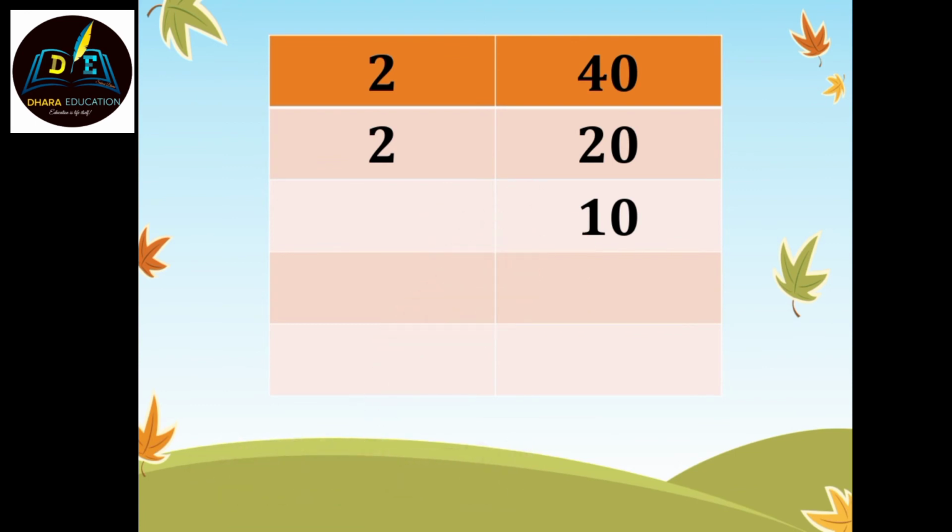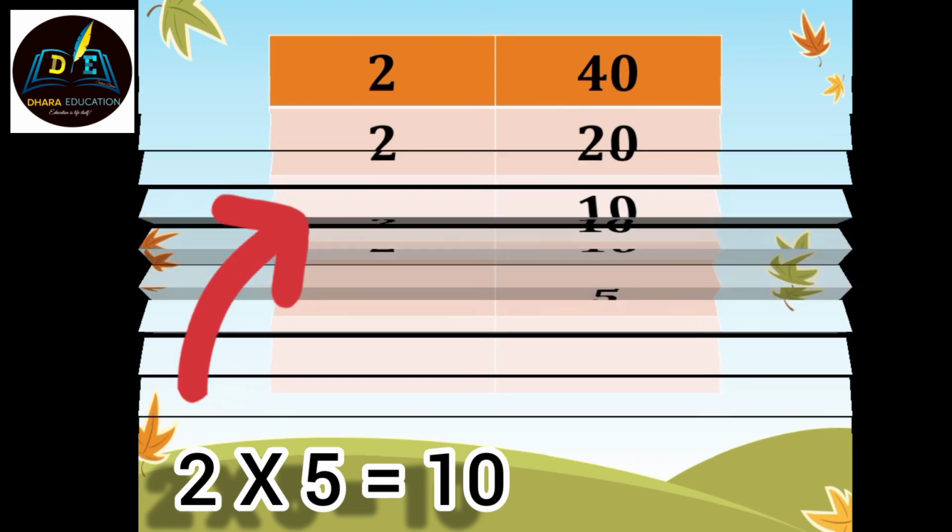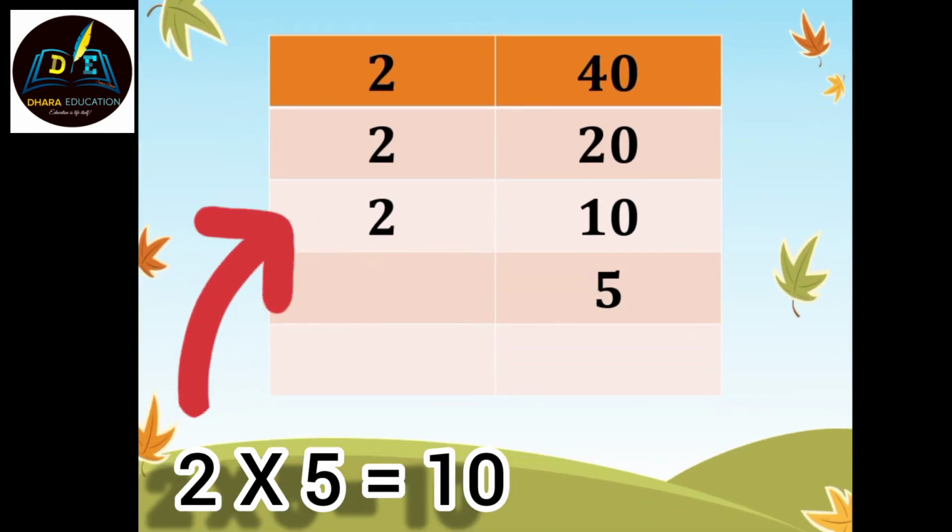Later on, 10 comes under which table? It comes under the table of 2 again. So we take 2 again on the left hand side, stating 2 5s are 10. First we write the table number, that is 2, on the left hand side like this, and then 2 5s are 10.